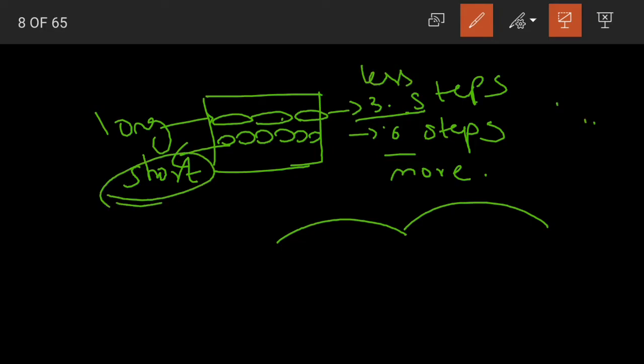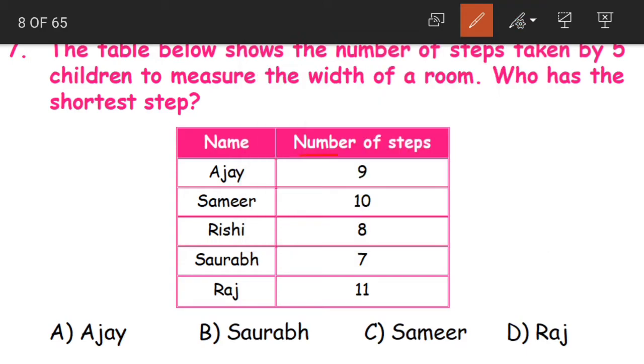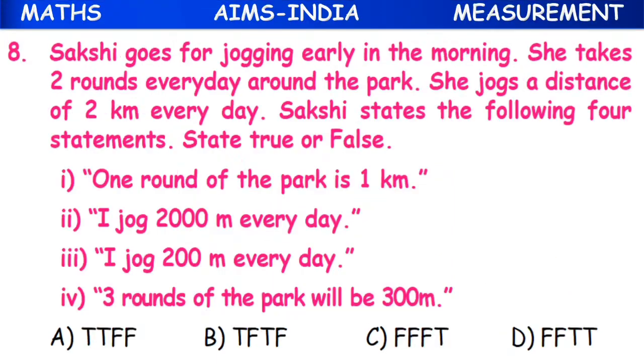So the person with the shortest step will be taking more steps. Who has the highest number of steps? 11. So Raj is the person with the shortest step. Option D, Raj. That is why he had to take the maximum number of steps to cover the width of the room. Understood children? Option D, Raj is the correct answer.